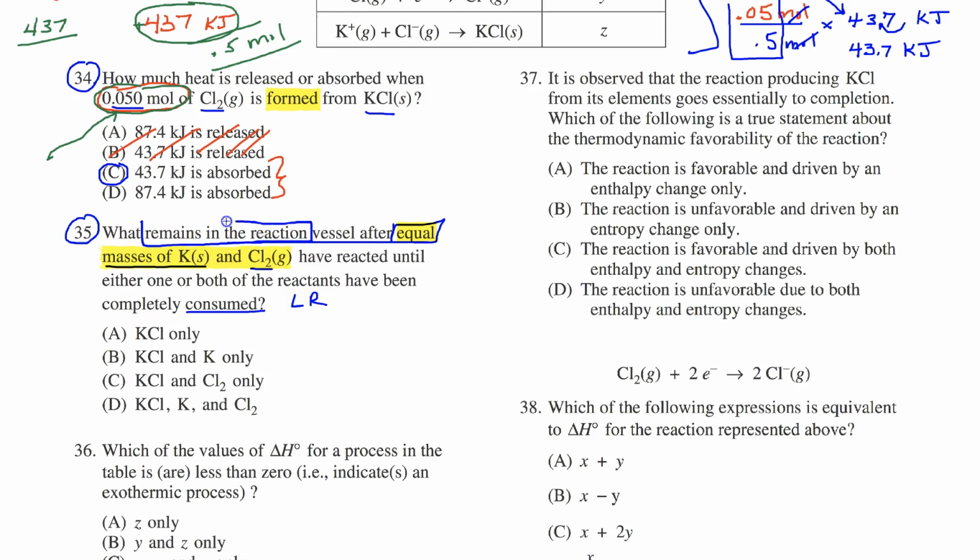And what remains in the reaction vessel is going to be the product of the reaction, which we know is KCl, and also the excess chemical, the one that is in greater quantity, that doesn't run out first. Those are the two things. So it's not going to be all three, so D is crossed off. It's not going to be just KCl only, since someone's going to be limiting. So the question is B or C.